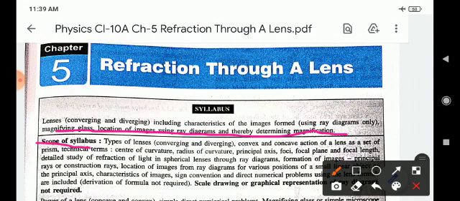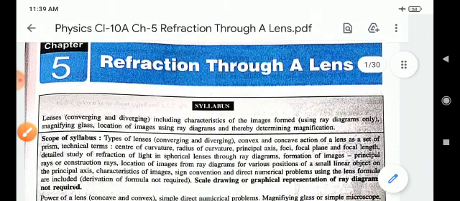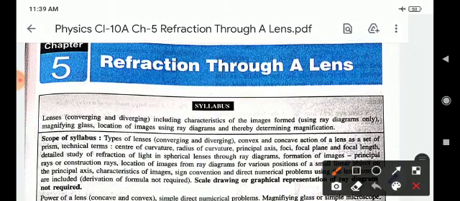Scope of syllabus: types of lenses, converging and diverging, convex and concave, action of lens as a set of prisms, technical terms, center of curvature, radius of curvature, principal axis, focal plane and focal length, etc.